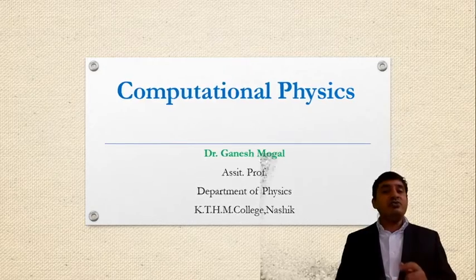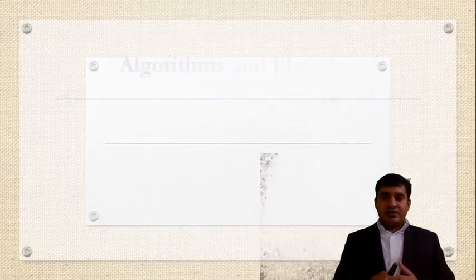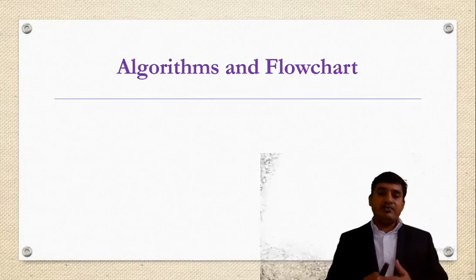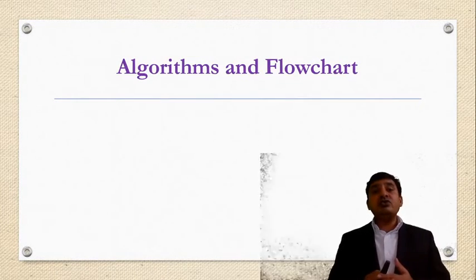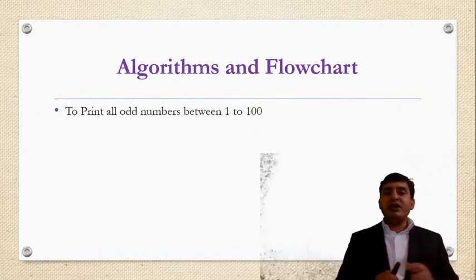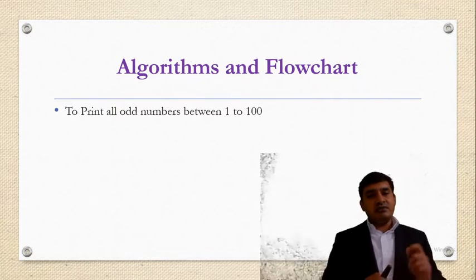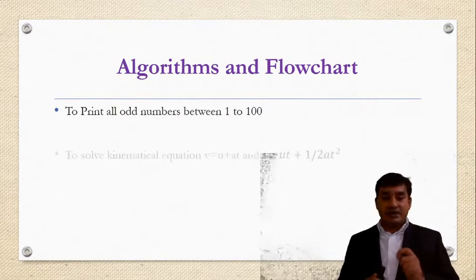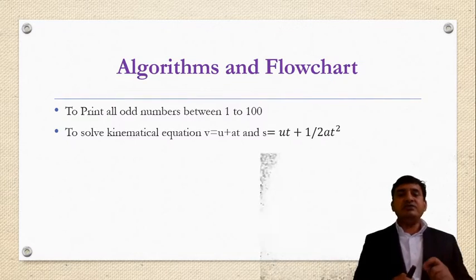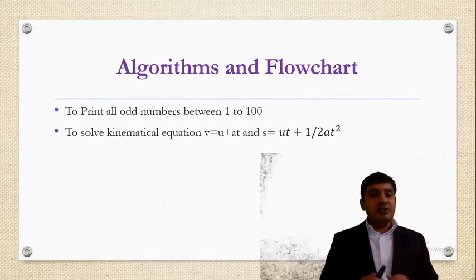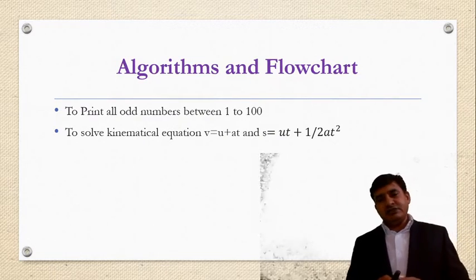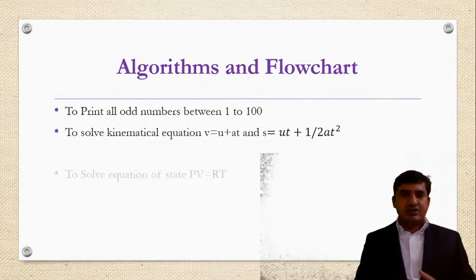Now we are going to see some examples of algorithm and flowchart to compare them. First, to print all odd numbers between 1 to 100. Second is to solve the kinematical equations, that is v is equal to u plus at and s is equal to ut plus 1/2 at square.